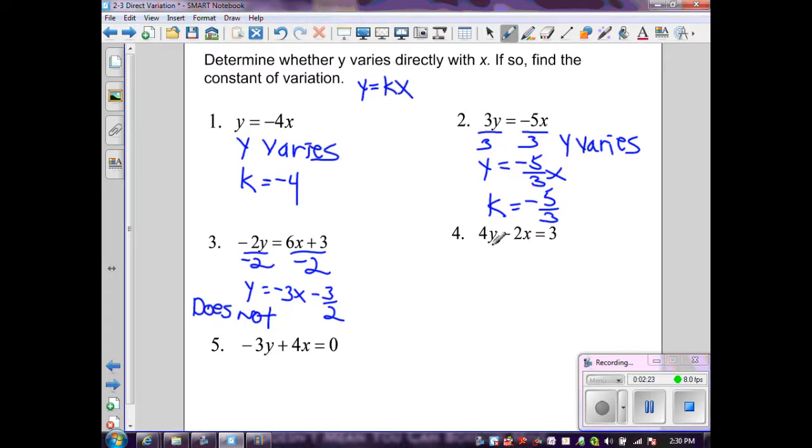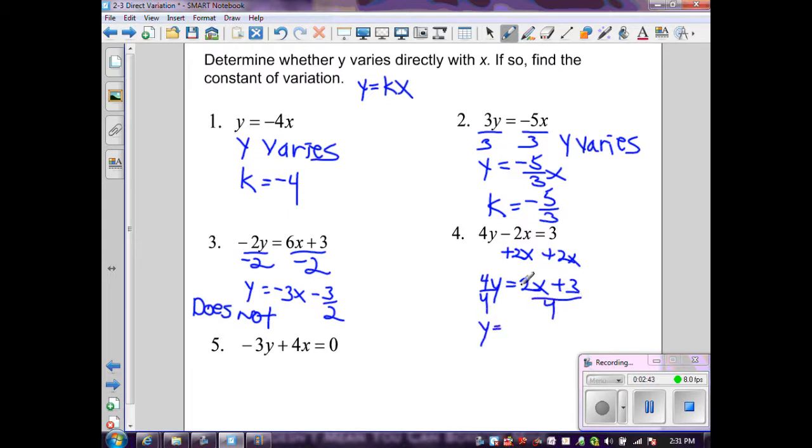Here, I'm going to solve for y. I'm going to add 2x to both sides. That's going to give me 4y equal to 2x plus 3. I'm going to divide by 4.